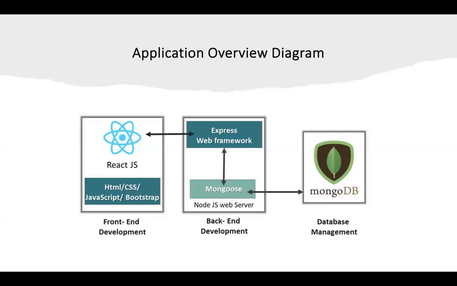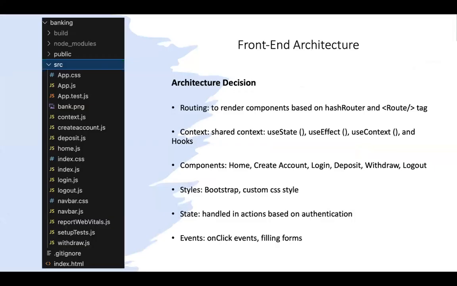I used Mongoose to connect the Node Express application to the database, connecting the front end to the back end and to the data store, and having all these run together. So the front end architecture, you can see here all the files that I've just talked about.